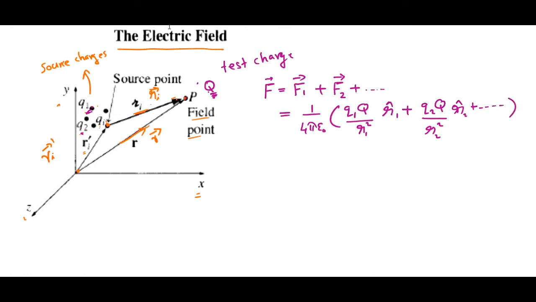Here I can take the Q outside, as Q by 4 pi epsilon 0, then the term in the bracket is Q1 by R1 square, R1 cap, plus Q2 by R2 square, R2 cap, etc.